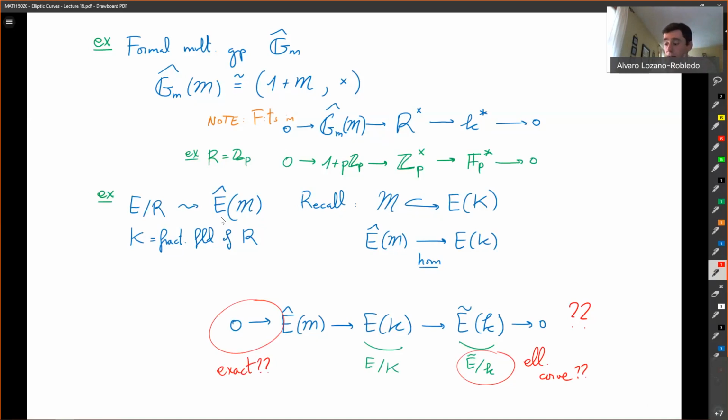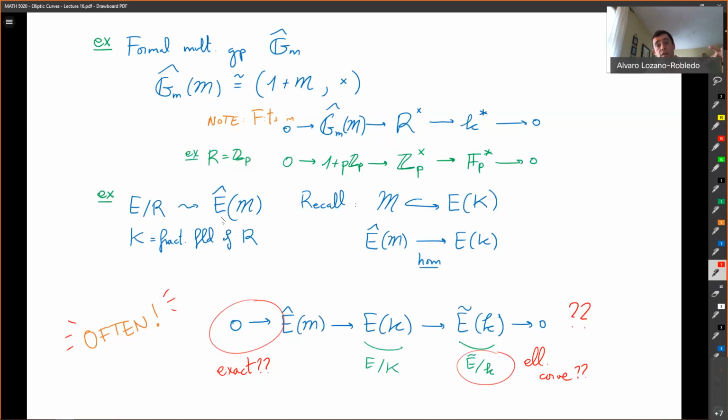So it turns out that often we will have this exact sequence here, but not always. And later we will identify when this actually happens, that we have this decomposition. But notice that this is what I was talking about last time, which is that if K is Q_p, for example, then I want to know what are the points on the elliptic curve over Q_p.